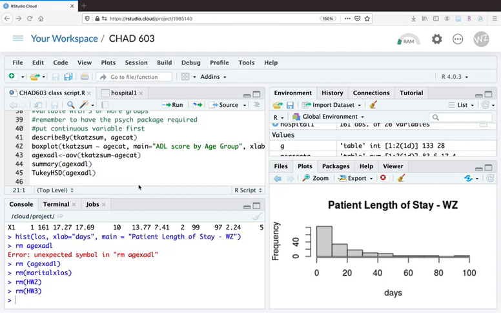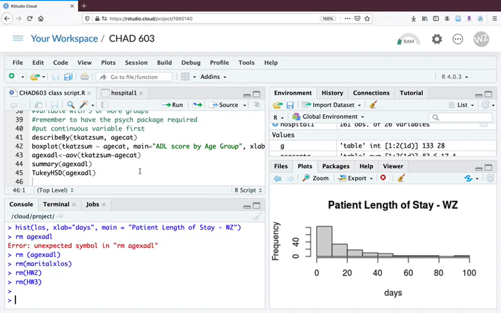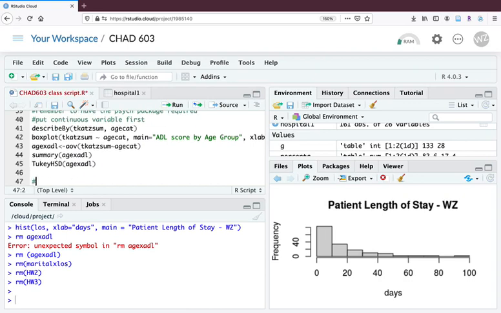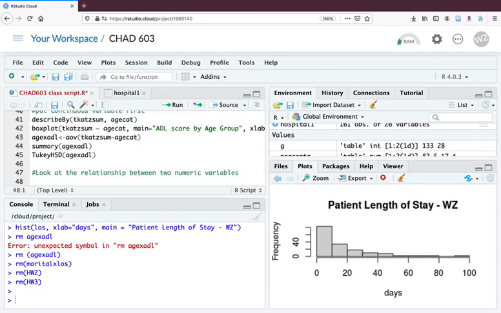So I'm going to start by putting in our script a notation, and we're going to say look at the relationship between two numeric variables, and we're going to use a function from the Hmisc package to do this.